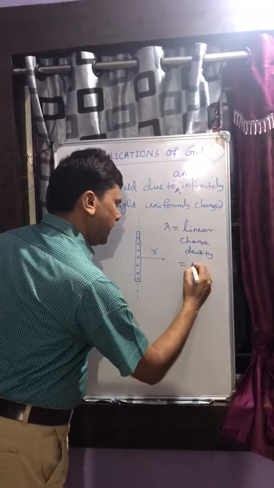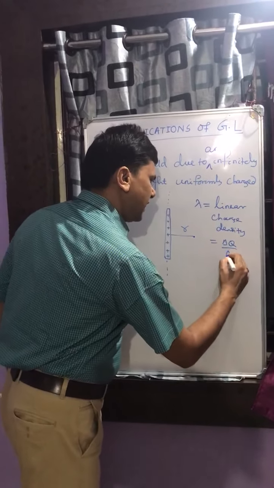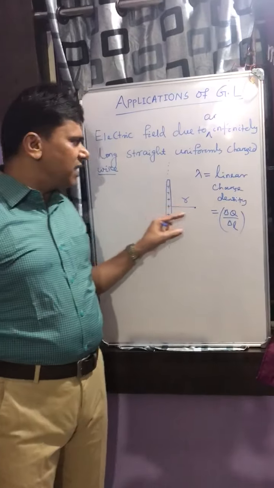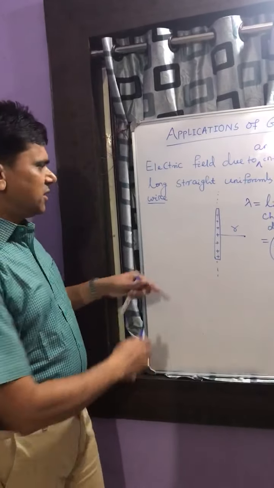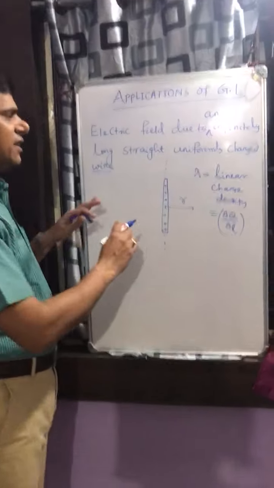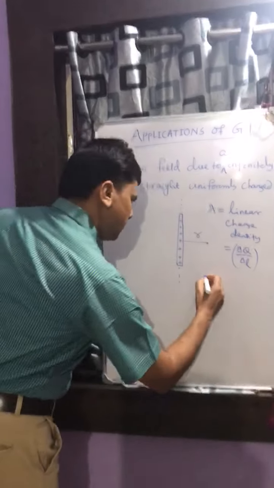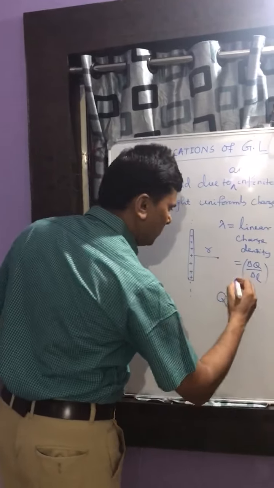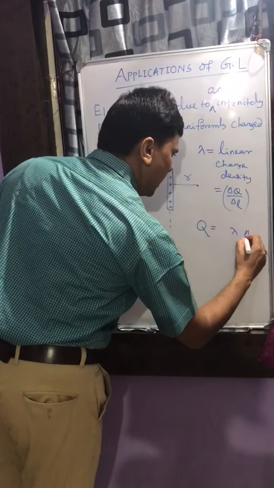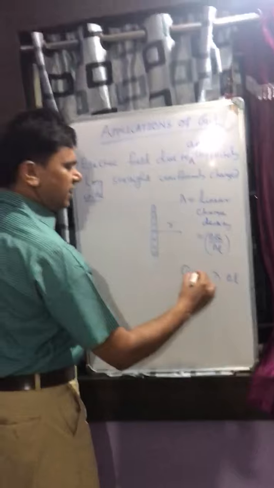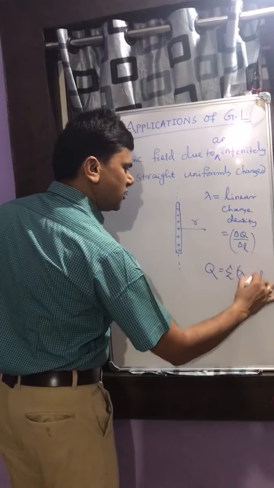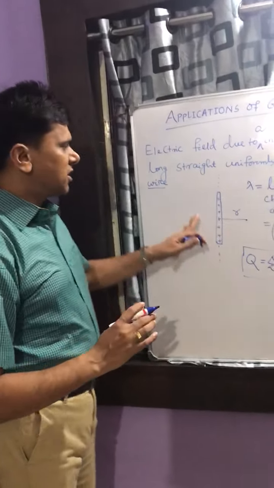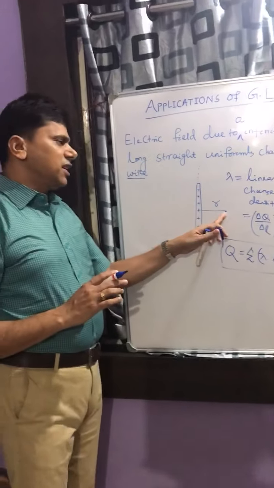This is actually delta Q by delta L, meaning it is charge per unit length of this wire. The total charge in this wire can be Q. If you want to find the total charge in this wire, it will be simply lambda dl, then we have to go for its summation. This is another point, we are not interested in this, but our purpose is to find the electric field here.